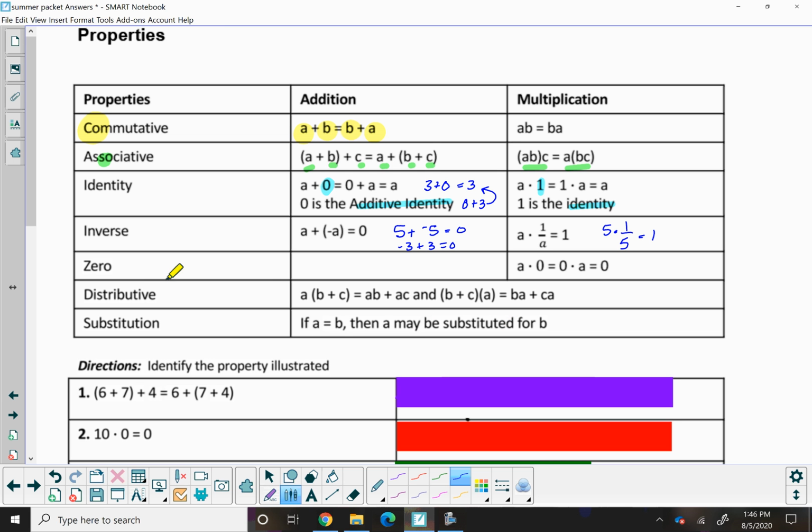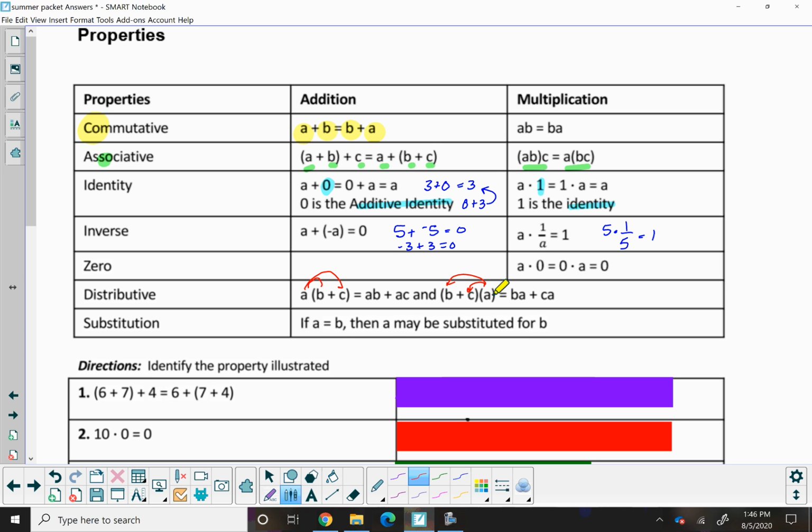Okay, 0. There's not one for addition. You probably think the identity is 0, but it's not. So 0 means anything multiplied by 0 will give me 0, no matter what the number is. Distributive, you guys always like this one. You can frost the cupcake, right?